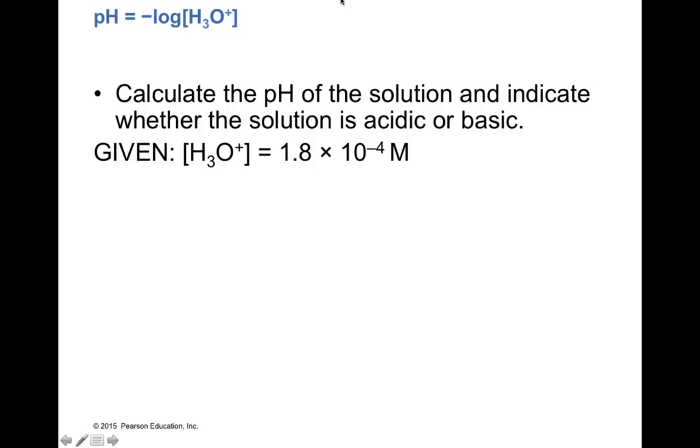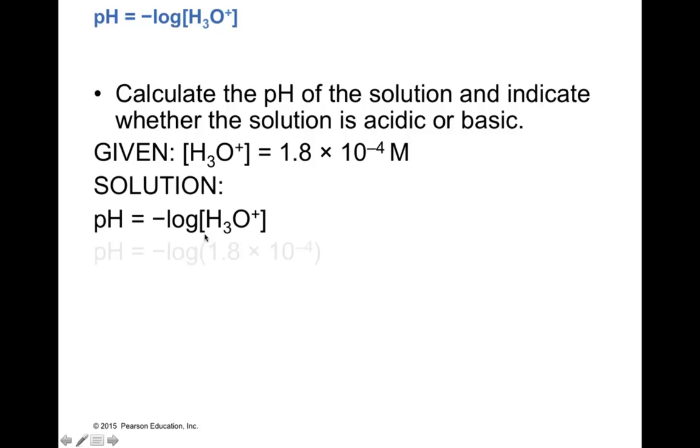Calculate the pH of a solution and indicate whether the solution is acidic or basic. Here we have the concentration of H3O. We know that the pH is equal to minus log of H3O positive. So the only thing we need to do is substitute this value right here. With your calculator, you look for the logarithm of 1.8 times 10 to the power of minus 4, and then apply the negative.